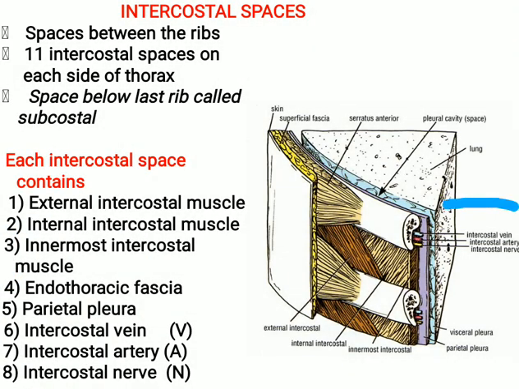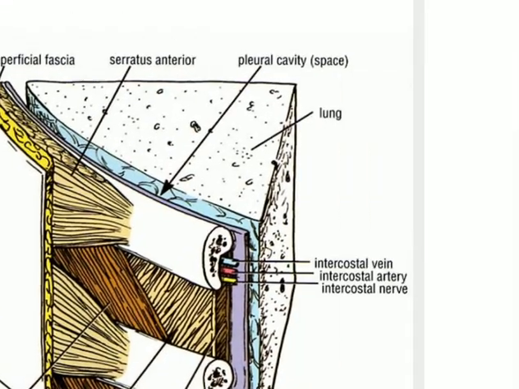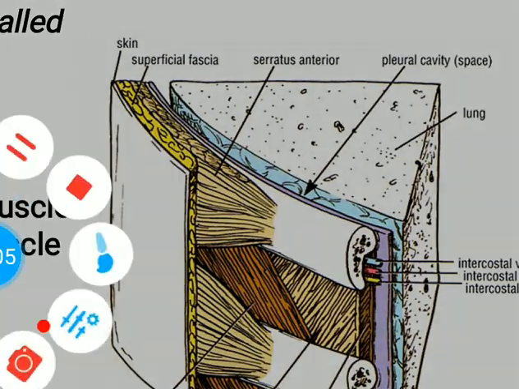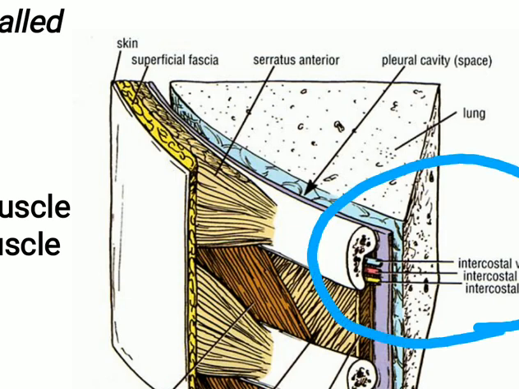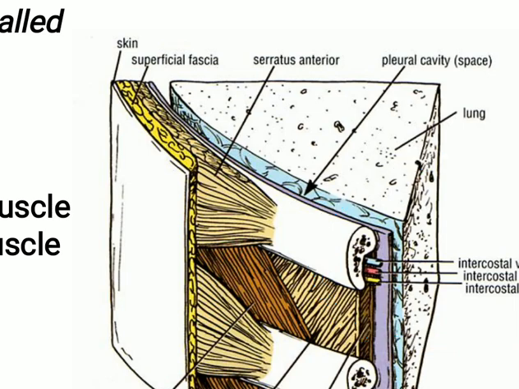You observe this area over here. I think it's clearly visible. Let me zoom it. That is where you're seeing the intercostal vein, the intercostal artery right here, and the intercostal nerve that are in this intercostal space.